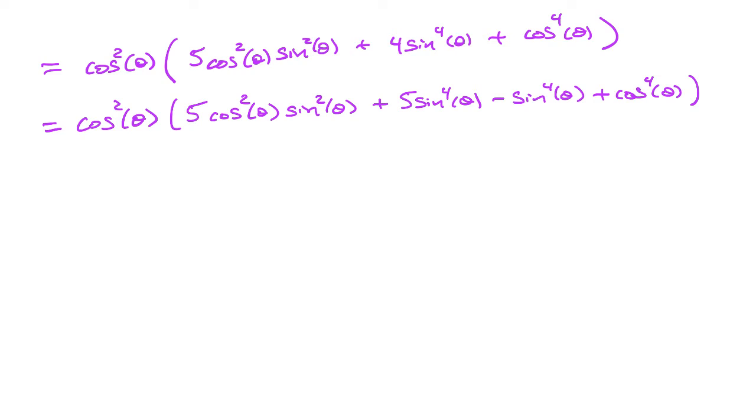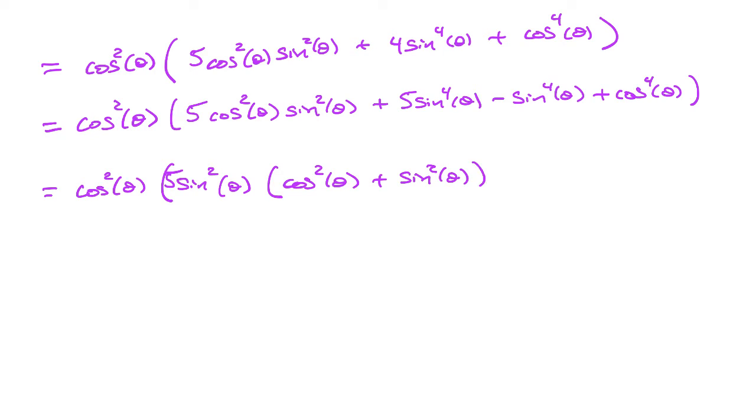So what this does is, with our first two terms, we are then able to factor out a sine squared of theta, which will actually factor out a 5 sine squared theta, which will then just give us a cosine squared theta plus a sine squared theta.